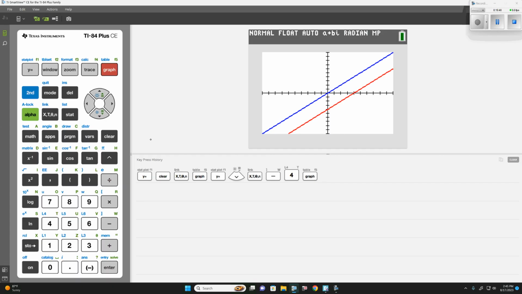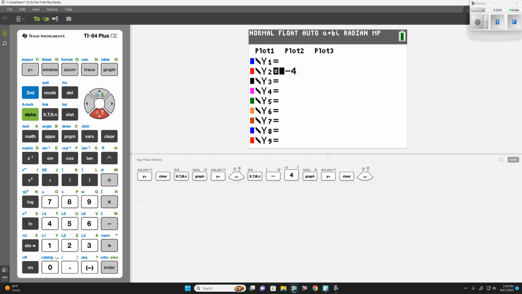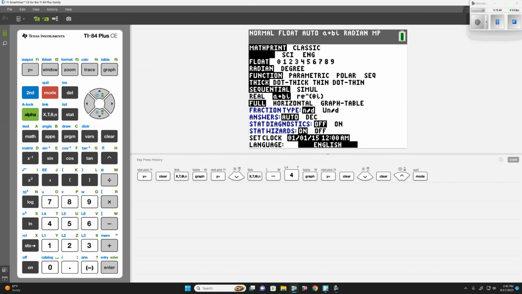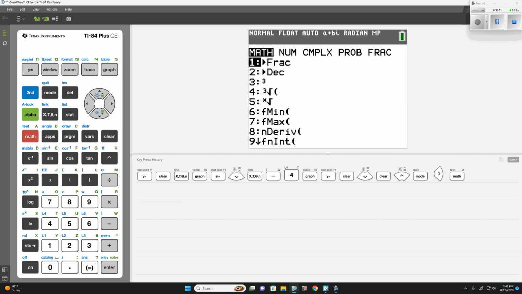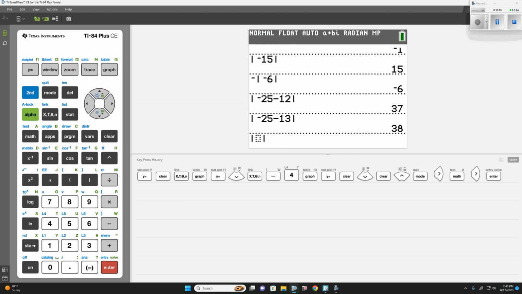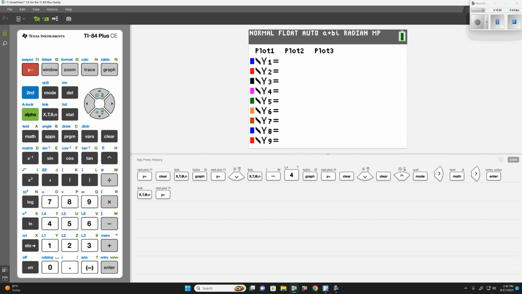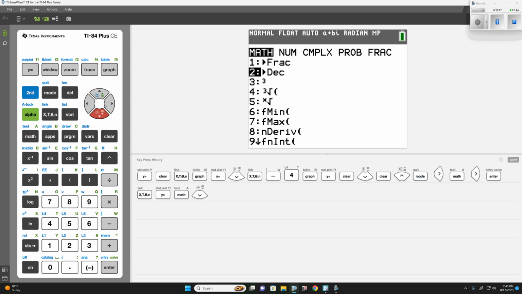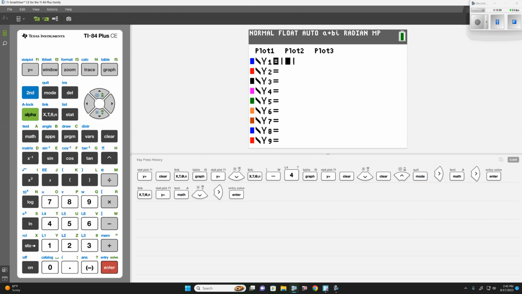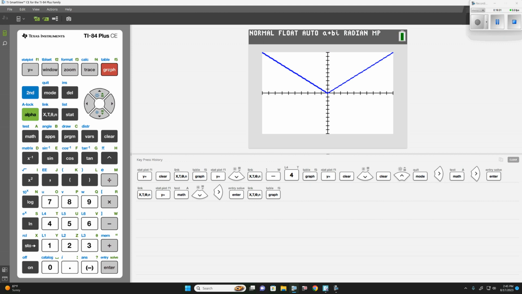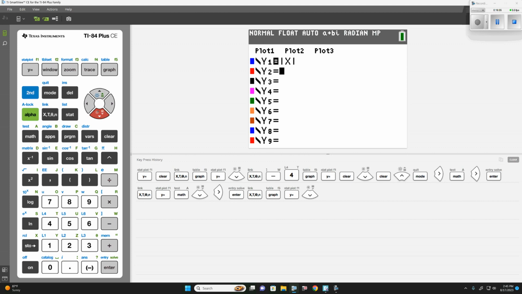Let's graph it. Now, the graphing calculator, unlike the 30XS, will actually do absolute values. To get to it, we hit math, ABS. Oh, it helps if I'm actually in the correct spot. ABS, X, graph, absolute value. Yes? Y equals. I'm going to have to do the same thing.